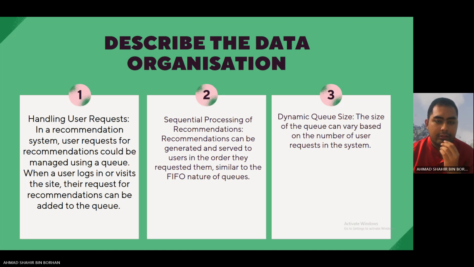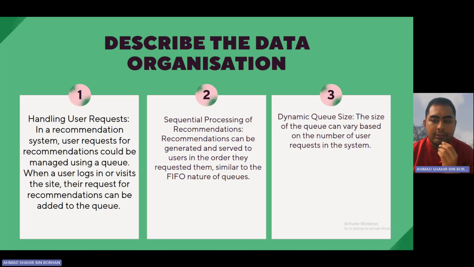Secondly, sequential processing of recommendations. The system will recommend the best items of interest to the user once the user gets into the system. Recommendations are generated and served to users in the order of their requests, similar to the first in, first out nature of the queue, FIFO.